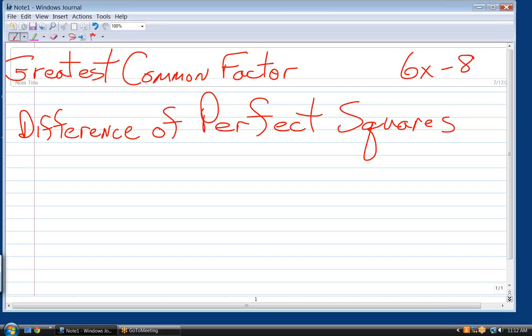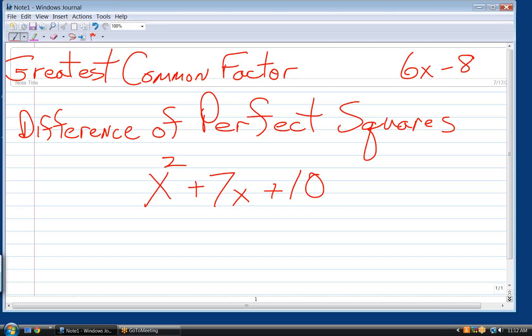The last and most difficult part of factoring is when you are factoring a quadratic. For example, x squared plus 7x plus 10.